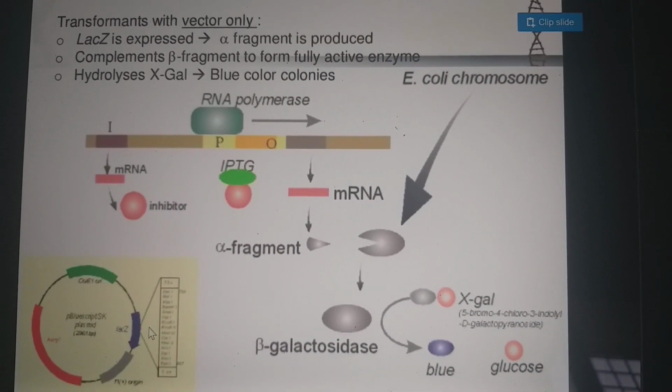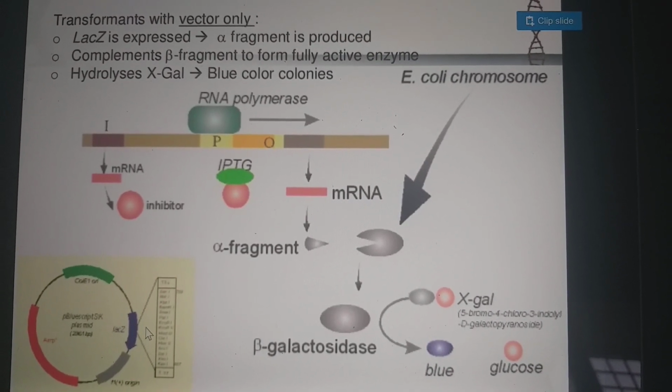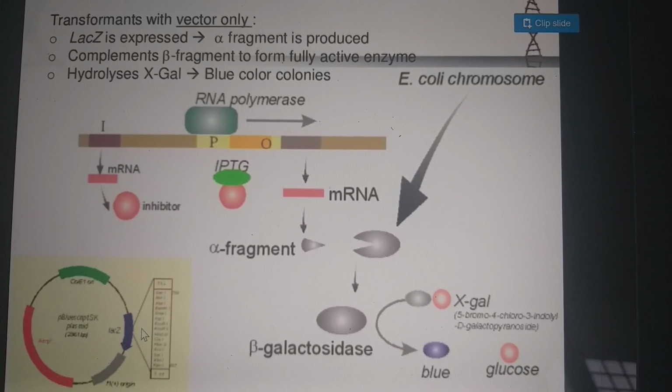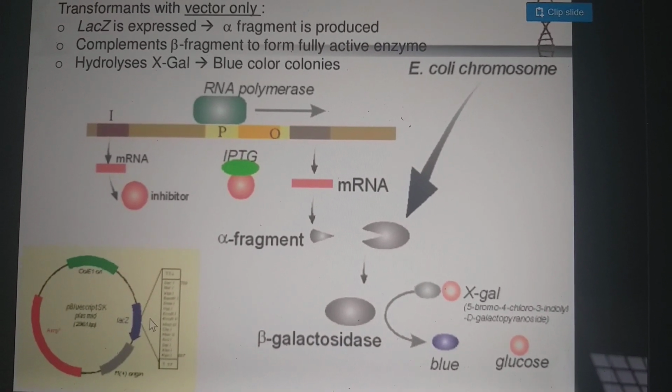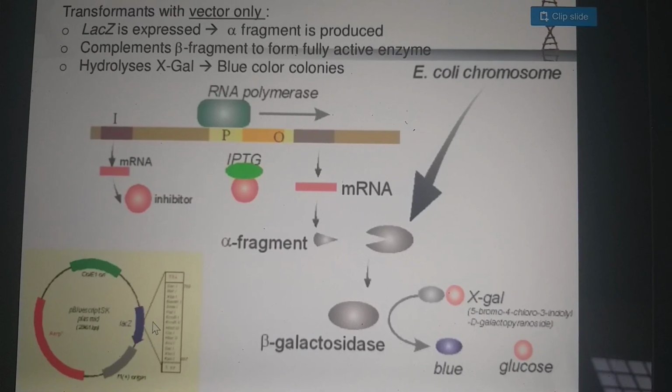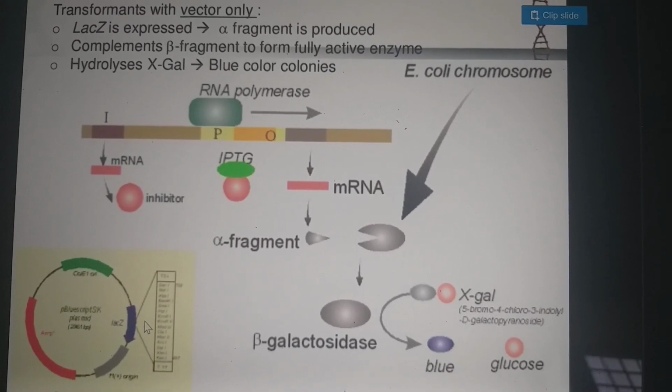And the other, beta fragment, will be there from the E. coli chromosome. The E. coli chromosome will produce the beta fragment, and your plasmid will produce the alpha fragment, and there will be fusion between alpha and beta.